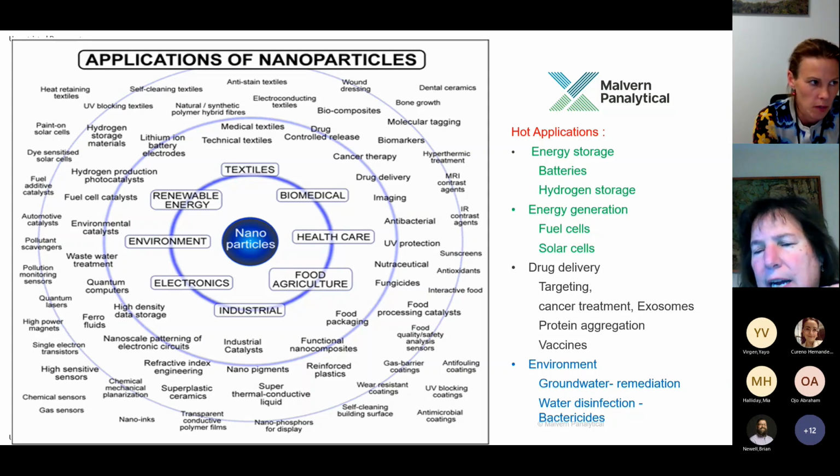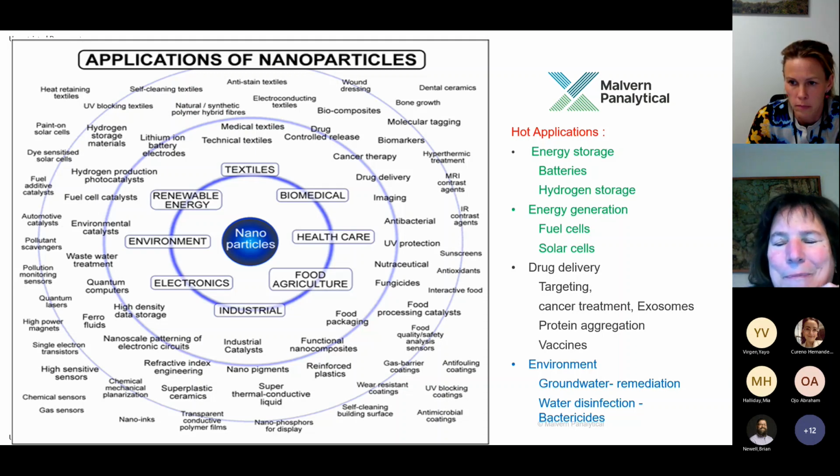We have a lot of applications that are along the drug delivery lines, targeting, cancer treatment, exosomes, protein aggregation. The companies that made the COVID vaccines all have Zetasizers. They characterize those vaccines by dynamic light scattering.